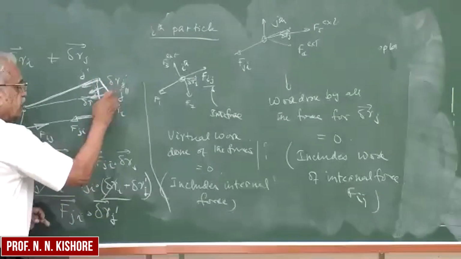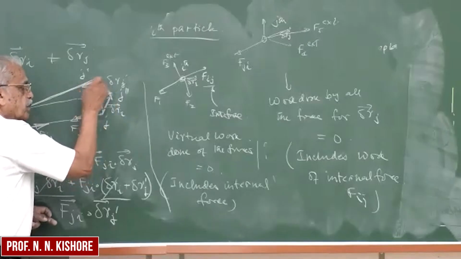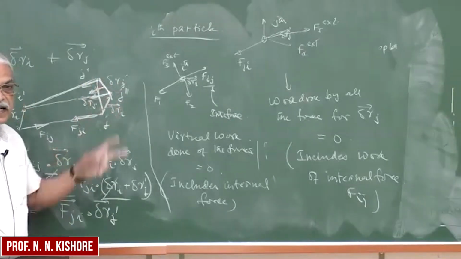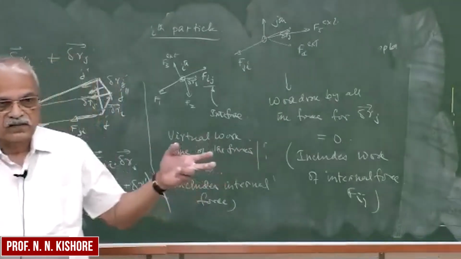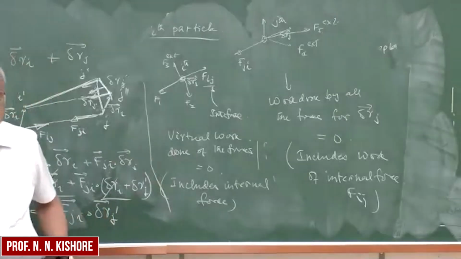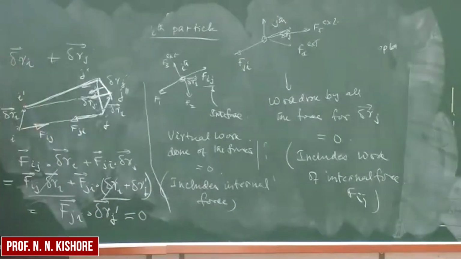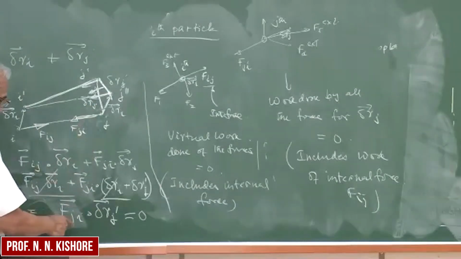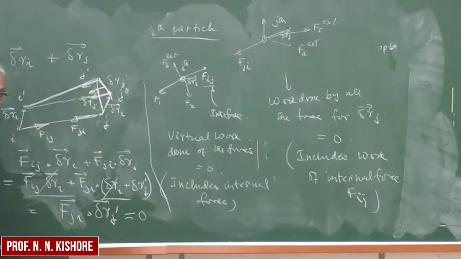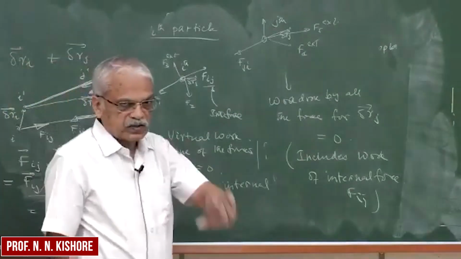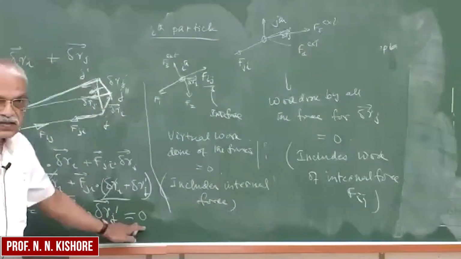So obviously the work done by the force for a perpendicular displacement is zero, because Fji and delta Rj prime are perpendicular to each other for a small displacement. So its dot product is 0.